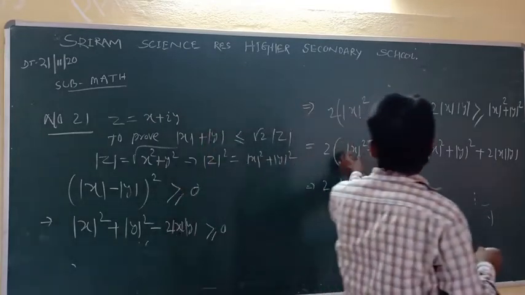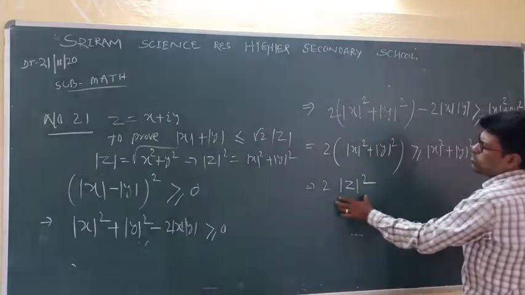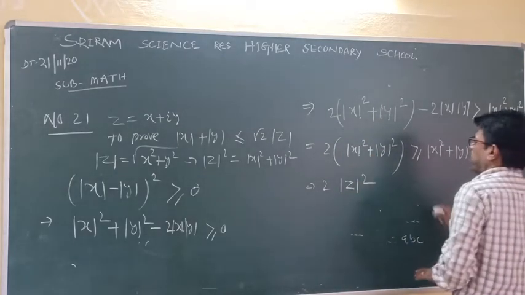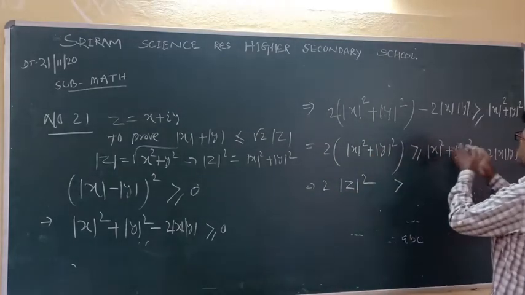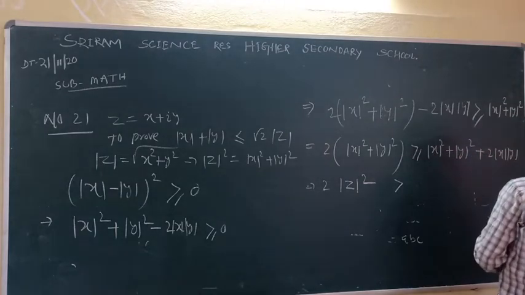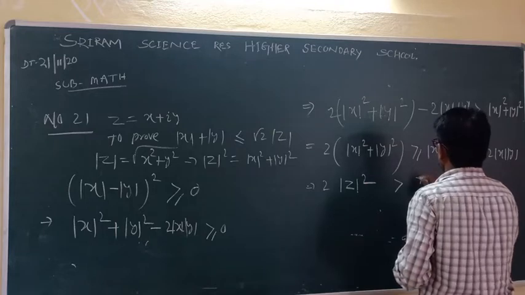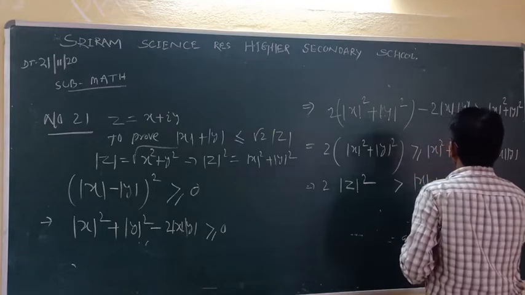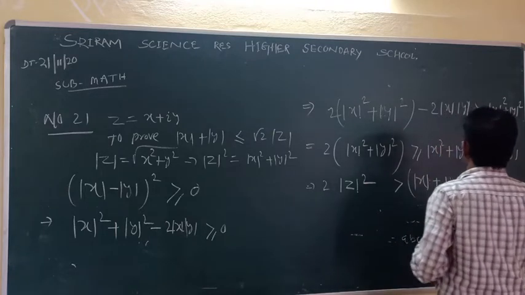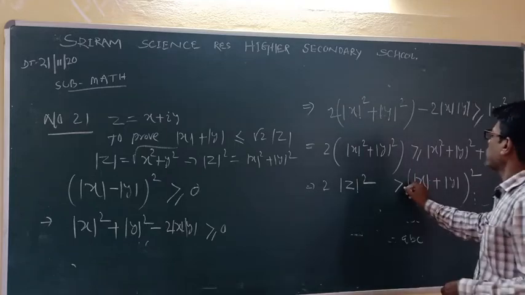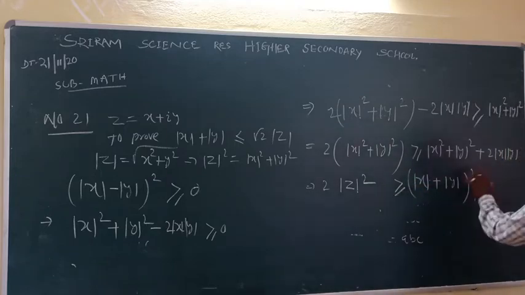So instead of mod x square plus mod y square, you can use 2 mod z square greater than mod x square plus mod y square plus 2 mod x into mod y is equal to mod x plus mod y whole square, greater than or equal to mod x plus mod y whole square.